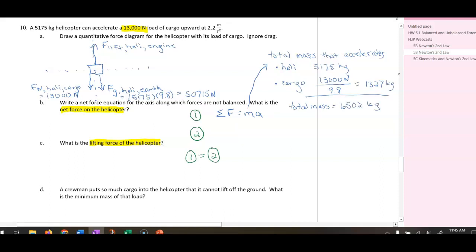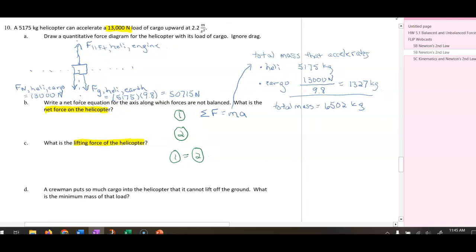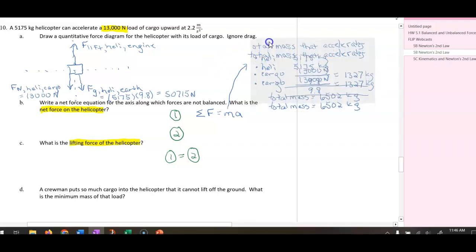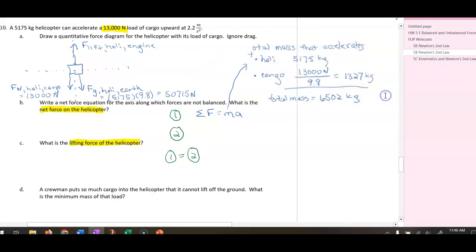Okay, so now I am able to calculate the net force. I'm going to move this stuff up just a little bit, and that way I can just continue writing here. The net force is that total mass, 6502 kilograms, and they've given me in the problem the acceleration.